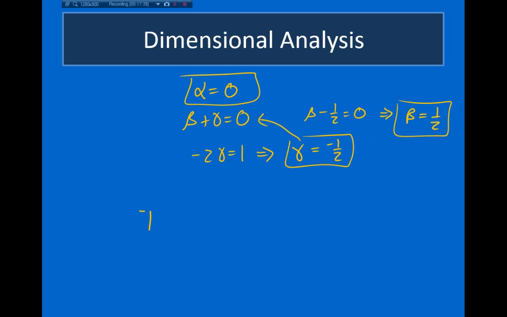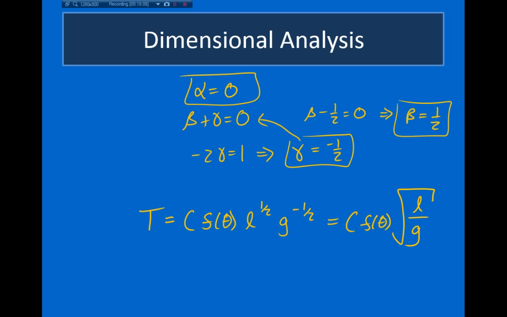So t could be any constant, because we weren't able to rule out constants since they don't have units. It could be any function of theta because theta doesn't have units. But it doesn't have any units of m because alpha is 0. The length is raised to the 1/2 power, and g is raised to the minus 1/2 power. Another way to write this is c times f of theta times the square root of L divided by g.